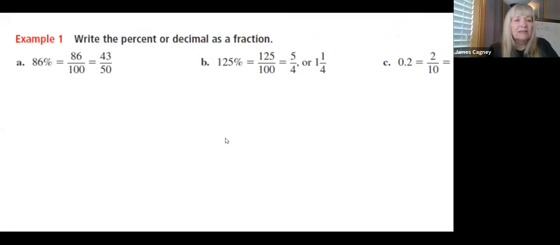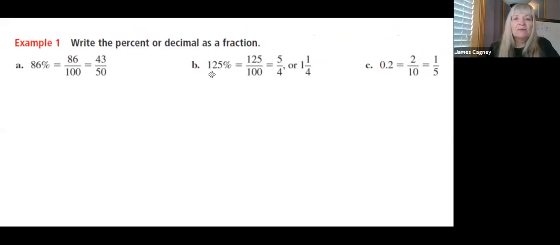So I have 86 over 100, and then I need to simplify that. 2 divides into both of those, so it's 43 over 50. For the second one, 125%, I put 125 over 100. They're both divisible by 25. 125 divided by 25 is 5. 100 divided by 25 is 4. And I really want you to leave it as 5/4. I do not like mixed numbers.